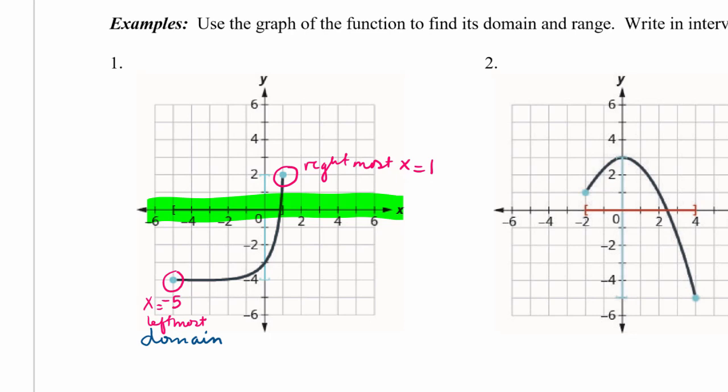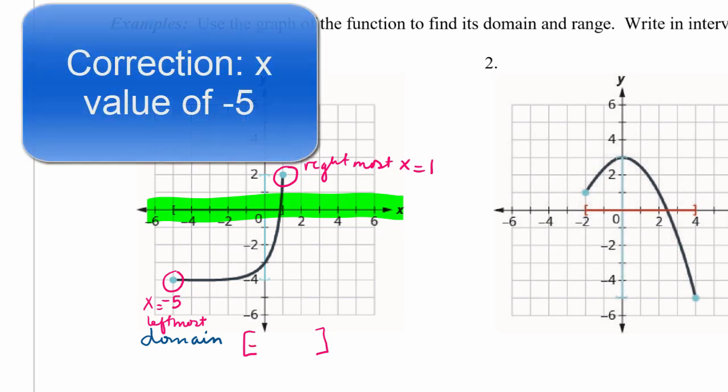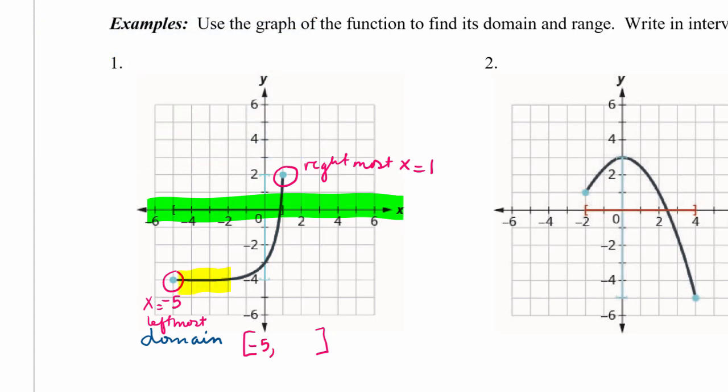So to find the domain, because we're including both points, we know we're going to use brackets. Again, this should be tying back a little bit to the work that we did with linear inequalities in a previous video. So please, if you need a little review, go back to that video, and that was located in our chapter 2. Okay, so our domain is going to go from an x value of -5, and then I have ordered pairs that cover every single x value till our rightmost value of 1.